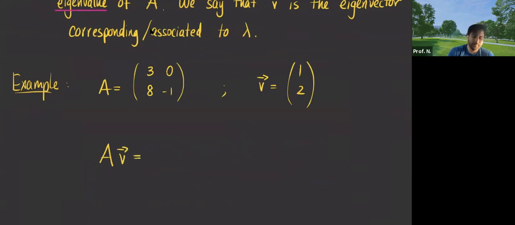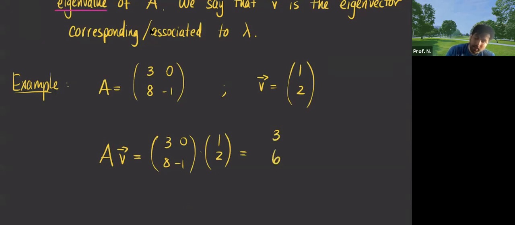I get 3, 0, 8, -1, multiplied by 1, 2. And when I do that, I get 3, and then I get 6. But what is 3, 6? Isn't that just a scalar multiple of the eigenvector 1, 2? Or should I say 3 times the eigenvector?